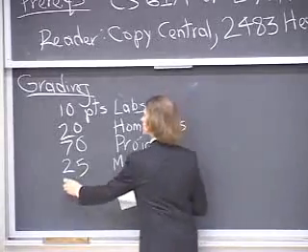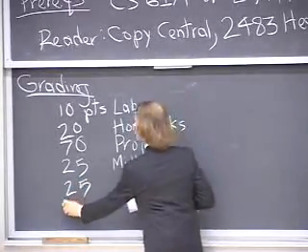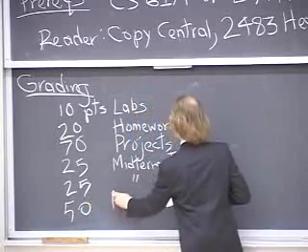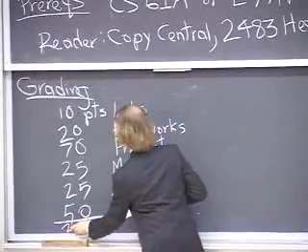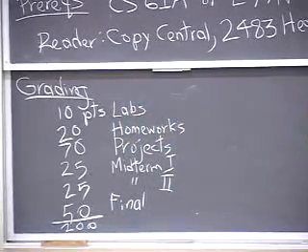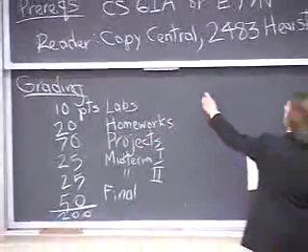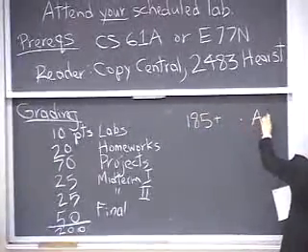So midterm 1 is 1/8 of your grade. Midterm 2 is 1/8 of your grade. And the final exam is 1/4 of your grade. And that adds up to 200 points. And the grading scale is that if you get 185 or above out of 200, then you get an A+.